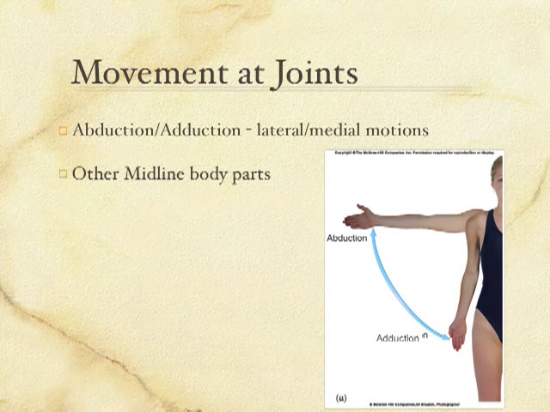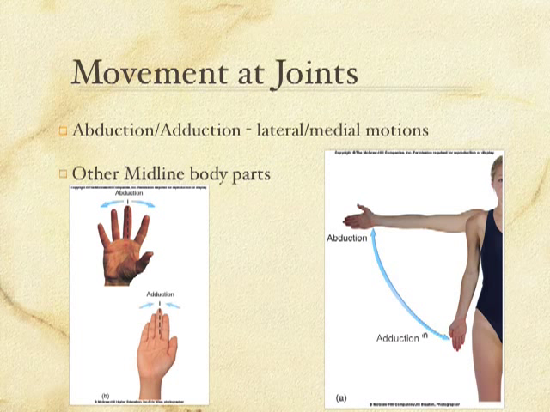And the head is the same thing. If I move my head laterally, that's abduction. If I bring it back to the midline, it's adducting, right? So swinging the body, torso side to side. You can also see this in other body parts, like take your hand, for instance, where we talked about being able to spread your fingers where they meet your hand.